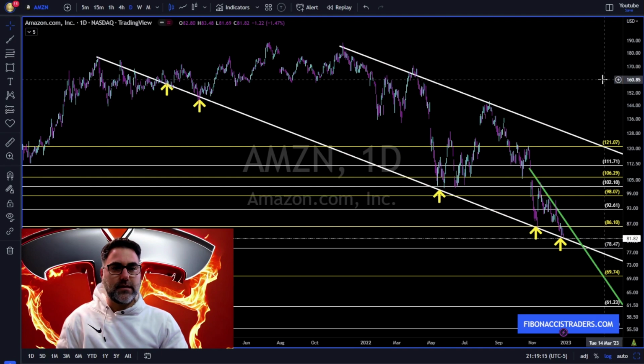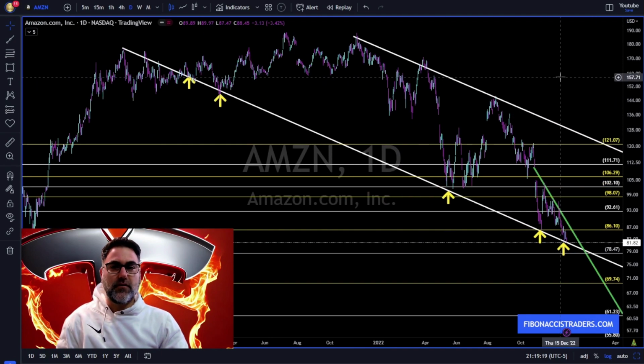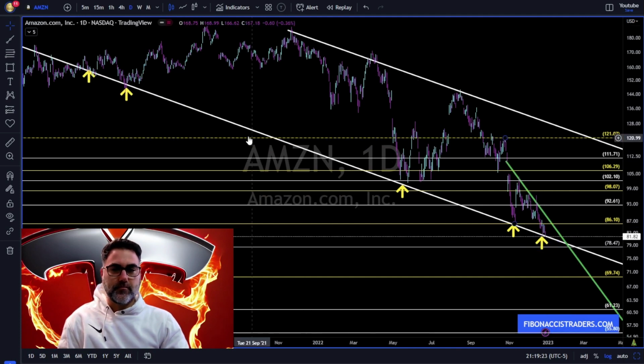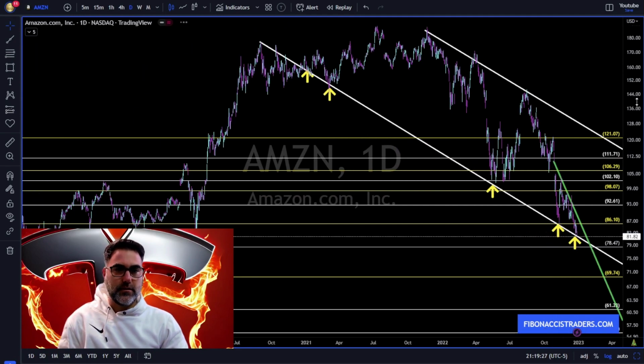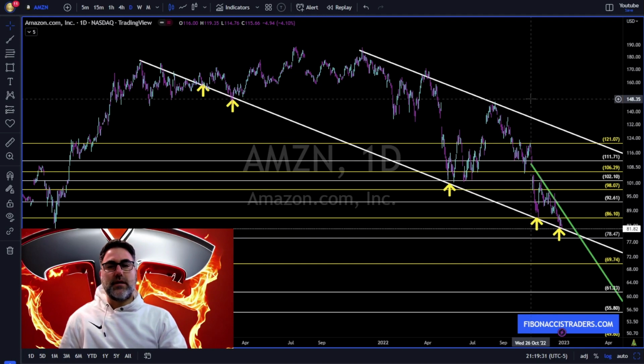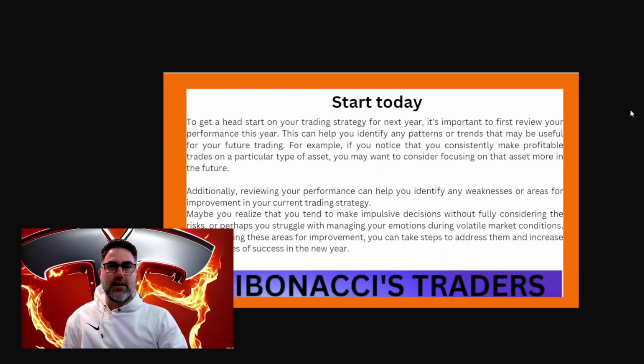Everybody's watching Tesla, everybody's watching Apple, but Amazon is falling apart slowly, sliding on this trend line. So, as you can see, bears have full control going into 2023.